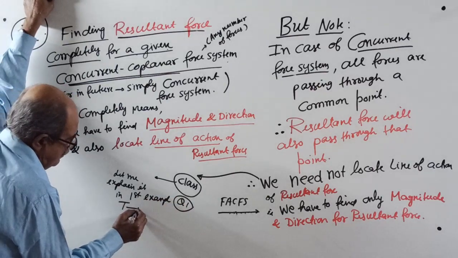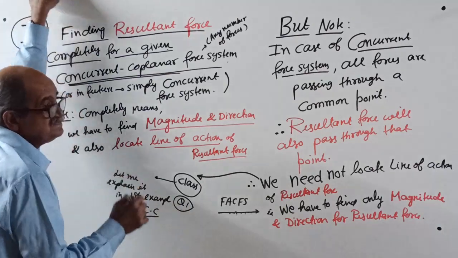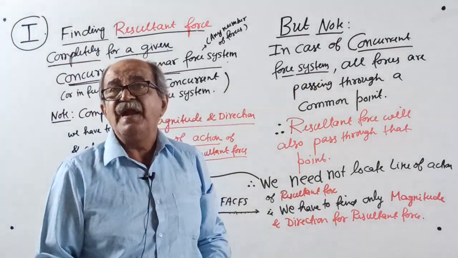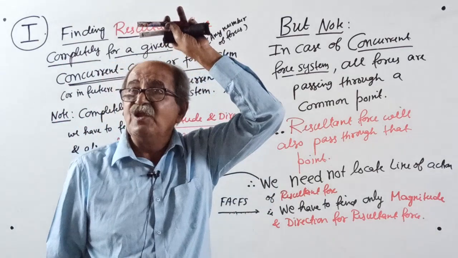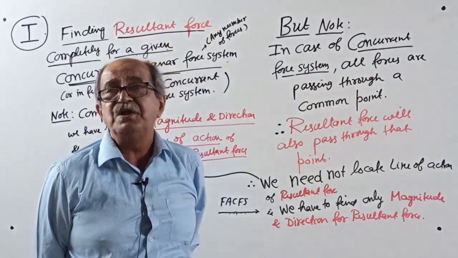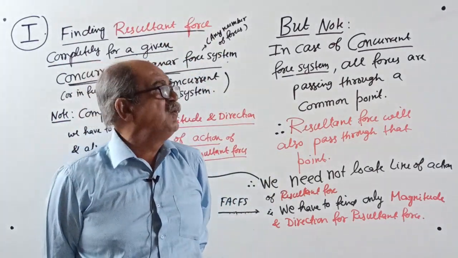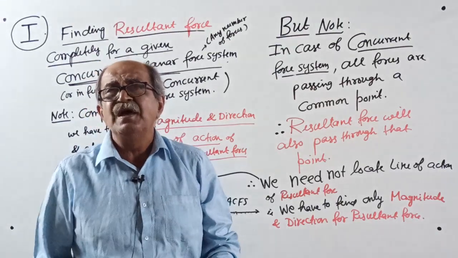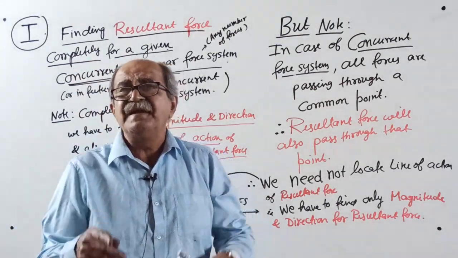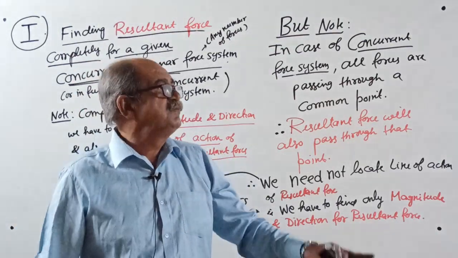Then it will be crystal clear. I told earlier the procedure, line of action not required. Therefore, doubt will come. I will explain at that time, and students will say, sir, fully clear.